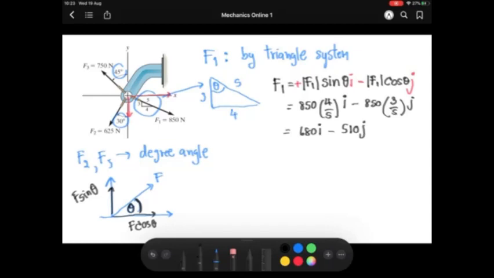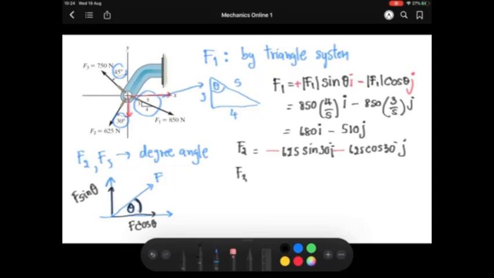We are in the first step and it's not finished yet, because you should have F2. F2 in this case will be minus 625 sine 30, and then again minus 625 cos 30, in i and j.